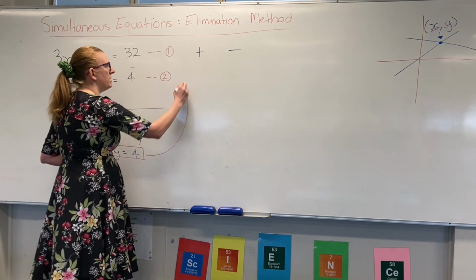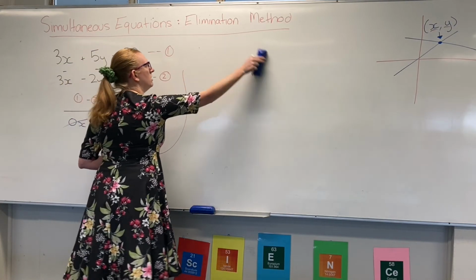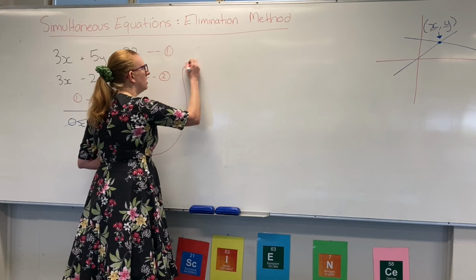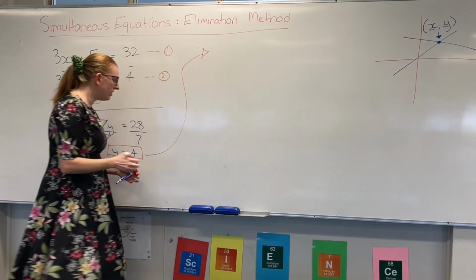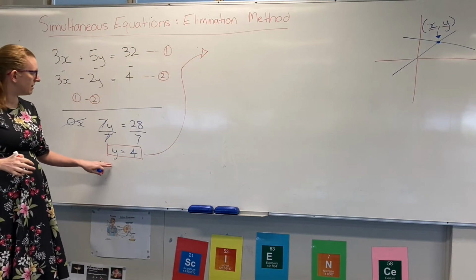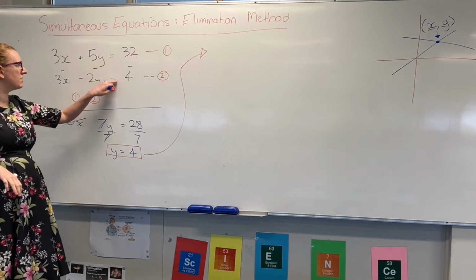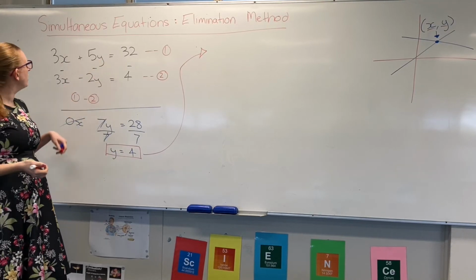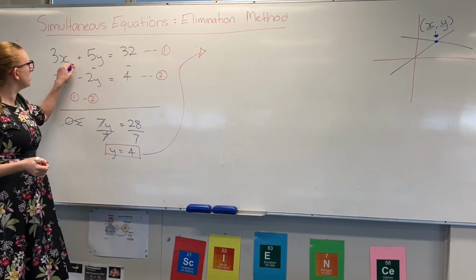So now, because I need some more space, I'm going to go up here and continue on. Now that I have this answer, I'm going to take it and sub it into one of these equations. It doesn't really matter which one. I think I'm going to go with number 1.